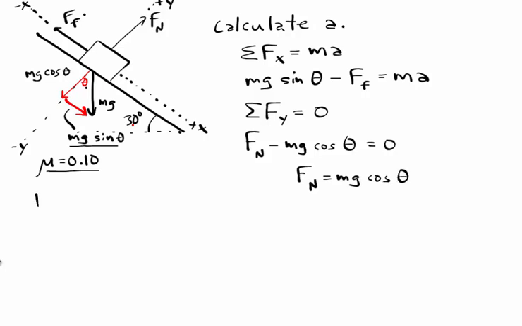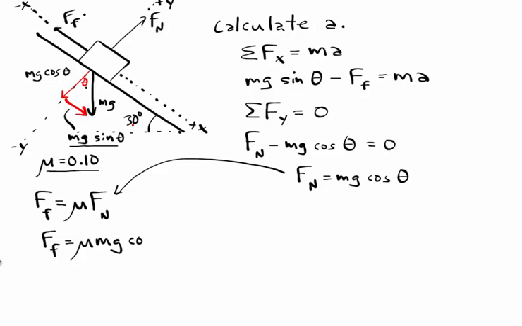Making some substitutions, we know that the friction force is mu times the normal force. And the normal force we just found out over here is mg cosine theta. So that means the friction force is mu mg cosine of theta. And now we can substitute that up here in our top equation.